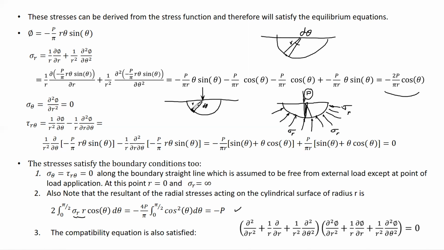What is the length of this arc? r d theta. What is the thickness of this plate? We said it is unity, right? The semi-infinite body that we considered had a thickness of 1. So the area would be r d theta, times sigma r, which is the total radial force applied on that element.